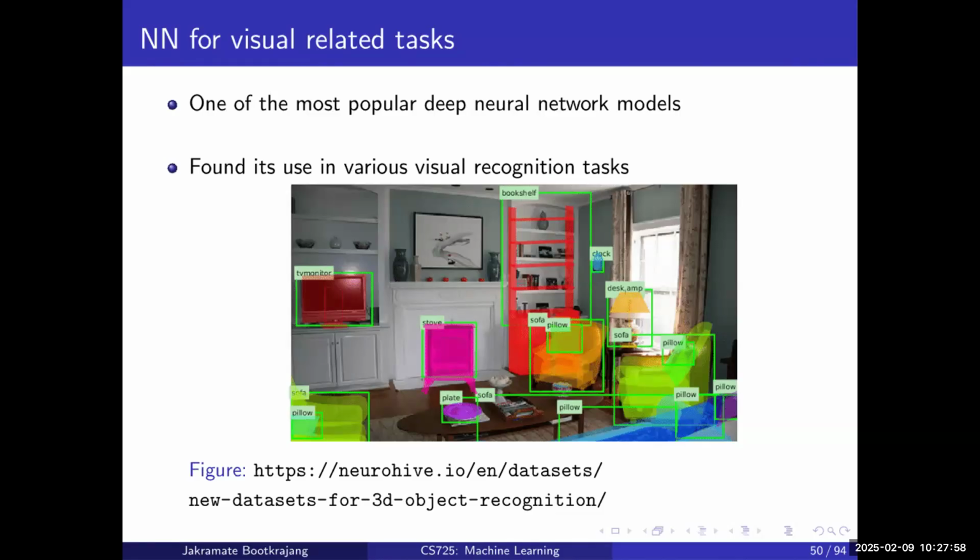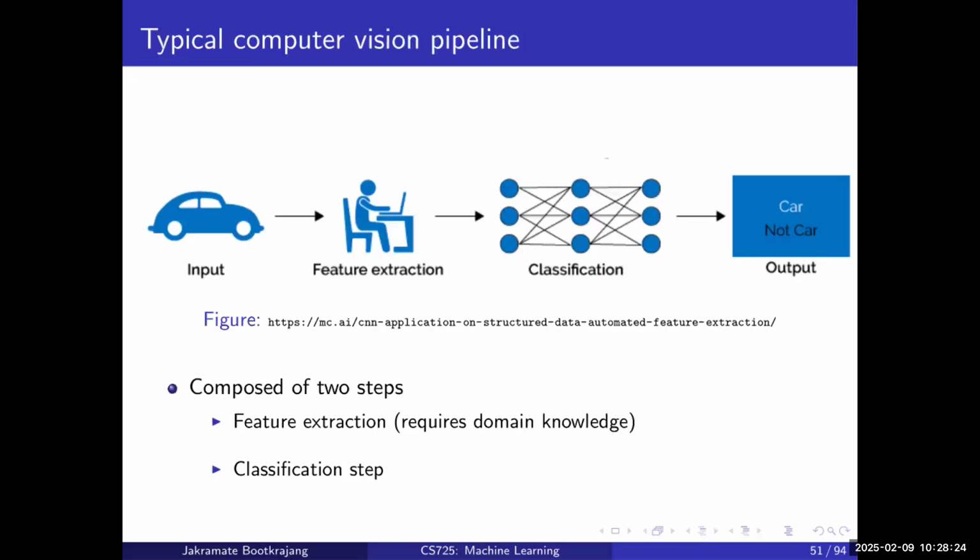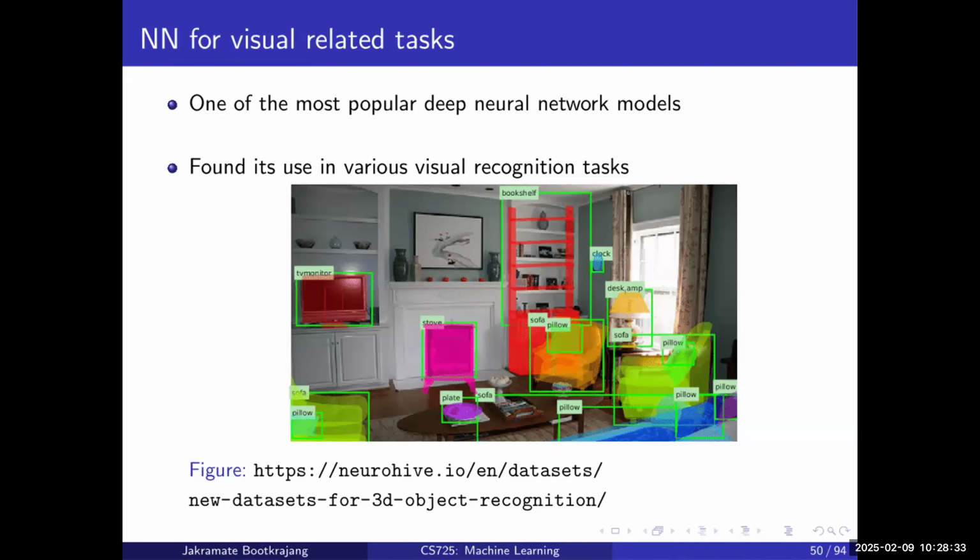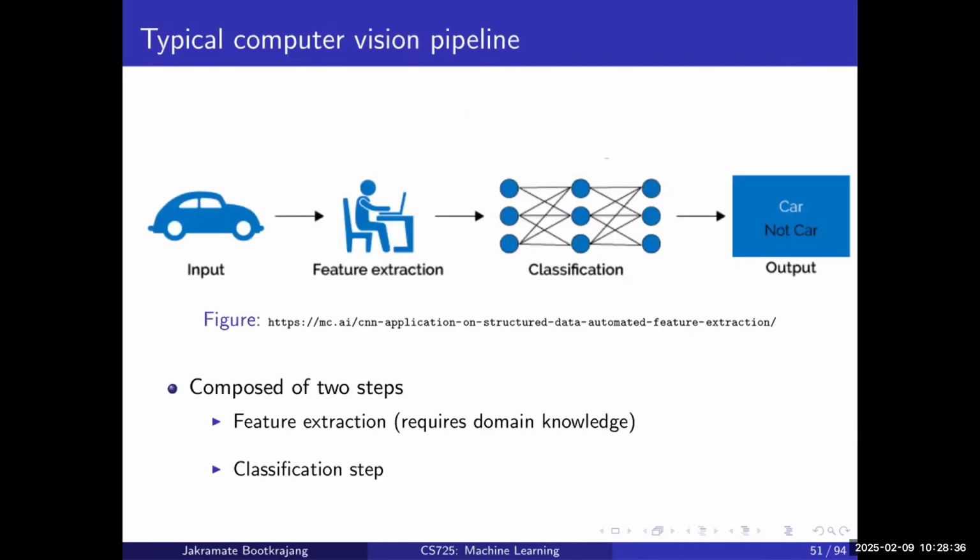We use this neural network in a lot of visual recognition tasks, right? You have a neural network that can detect the monitor, maybe the stove, and so on. And to build a network for this type of recognition task for images, we need a new architecture. In the past, when we did all of these recognitions, we did something called feature extraction.